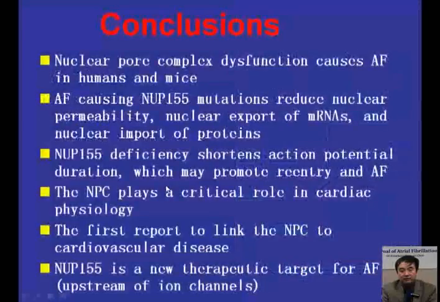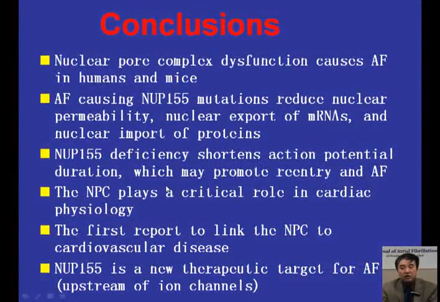So in conclusion, we have demonstrated that nuclear pore complex dysfunction causes atrial fibrillation in both humans and mice. AF-causing loop155 mutations reduce nuclear permeability, nuclear export of mRNAs, and nuclear import of proteins.